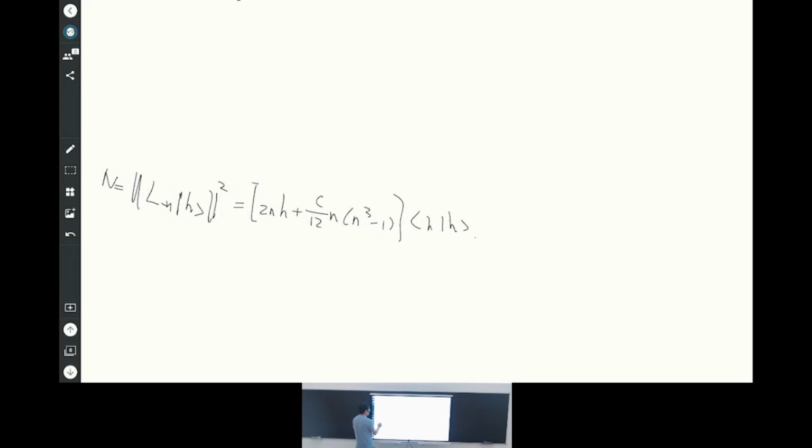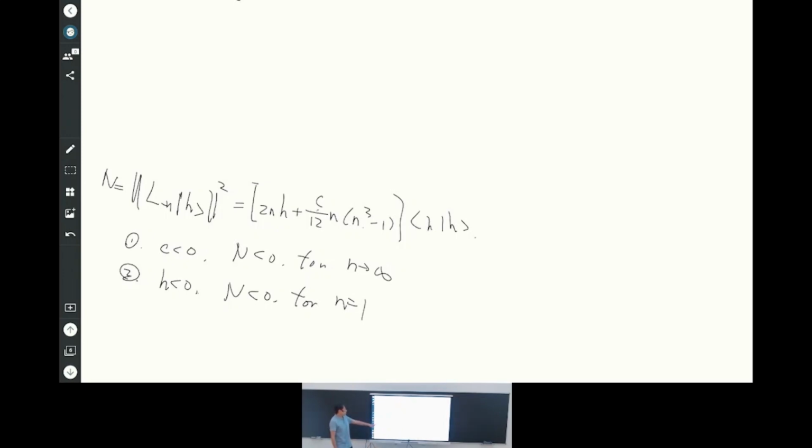Then you will see that, for the first condition, you just think about the central charge. When the central charge is less than 0, this norm will become negative for n going to infinity. And also for this condition, if the conformal dimension becomes negative, this norm becomes negative for n equals 1.